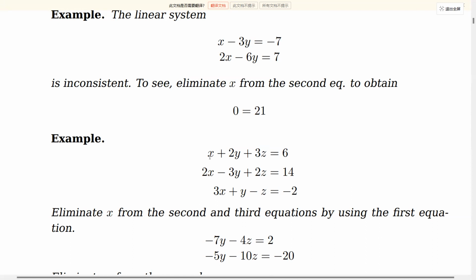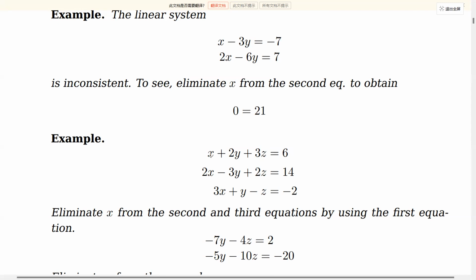What you do is multiply the first equation by -2 on both sides and add it to the second equation, and multiply the first equation by -3 and add it to the third equation. So then you can eliminate the x in both cases, right? Does it make sense? It's easy to eliminate the x in the second and third equations using the first equation.